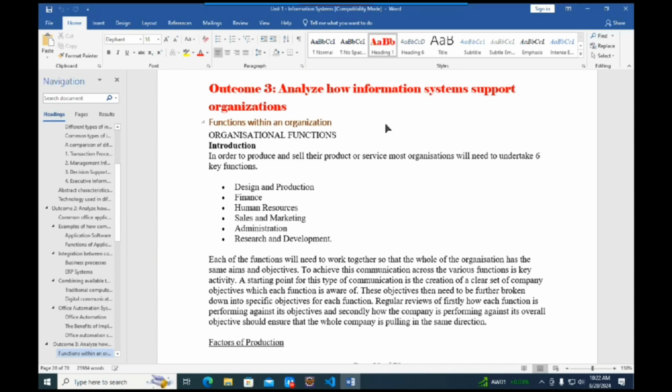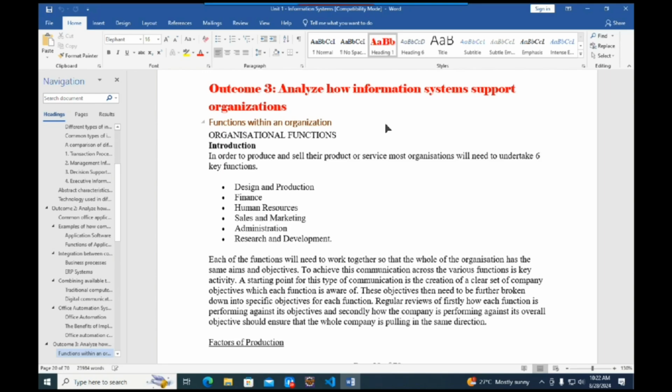Number two, there is the finance function. The organization needs to be able to manage finances in terms of the production cost and profits, and whatever comes into the company.